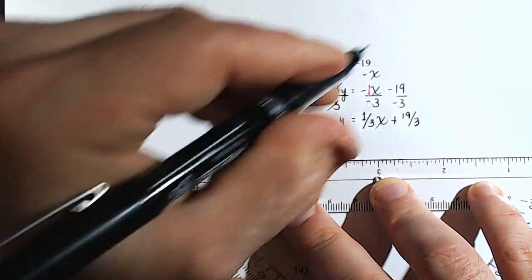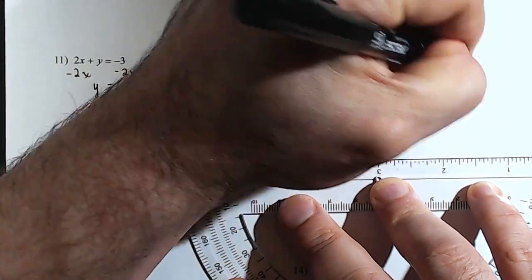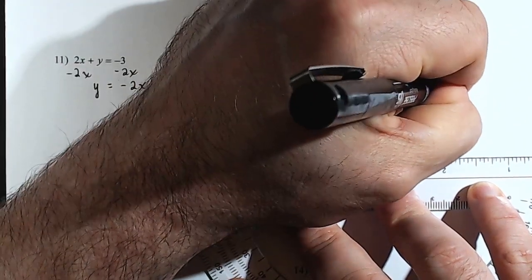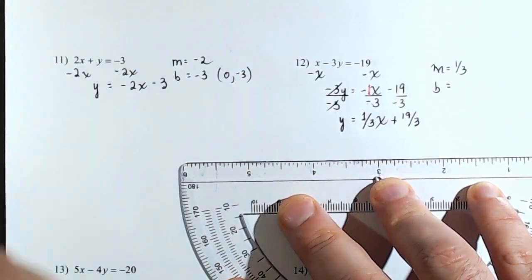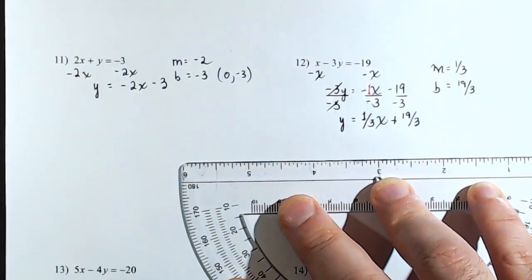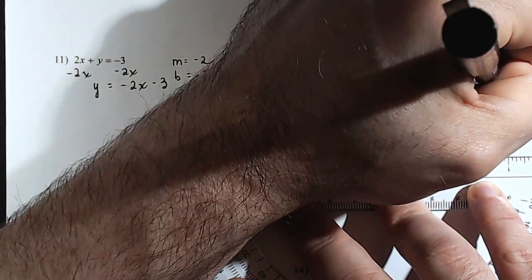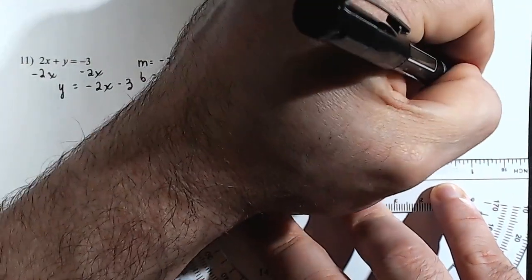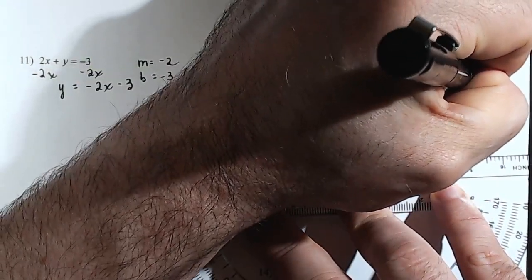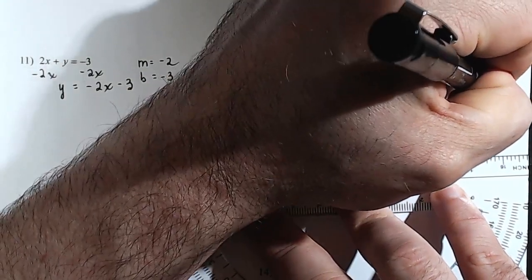All right, so the m is 1/3 and the b is 19/3, like 6 1/3, which can be plotted on the graph as (0, 19/3) or 6.3 repeating.